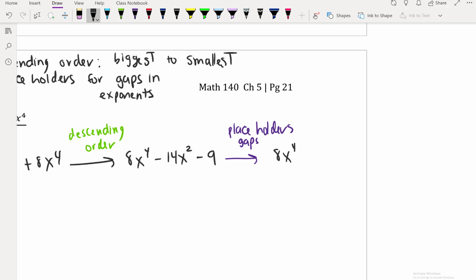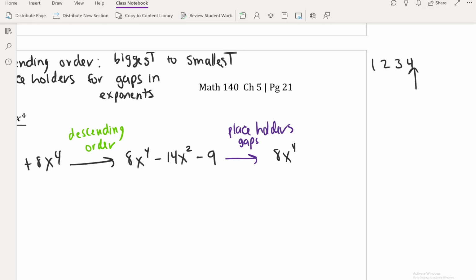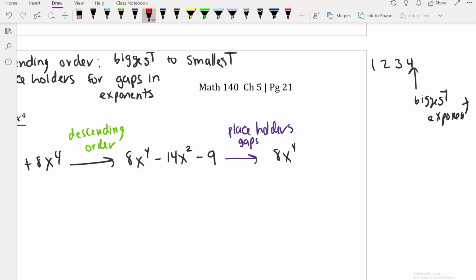If I'm counting 1, 2, 3, 4, and I am here at 4 because that's the biggest exponent. So if that's the biggest exponent and I have it, then that's great. But then what should come before 4? 3. Do I have an exponent of 3? No. So I'm going to say plus 0x to the 3 because 3 is missing.